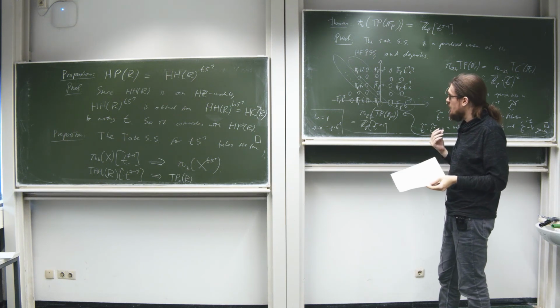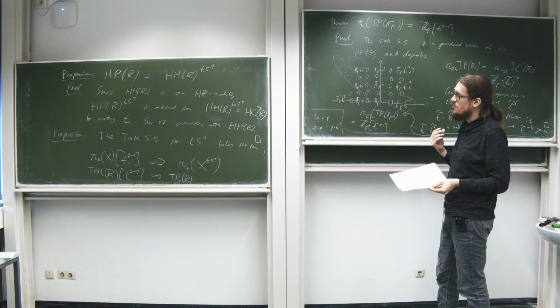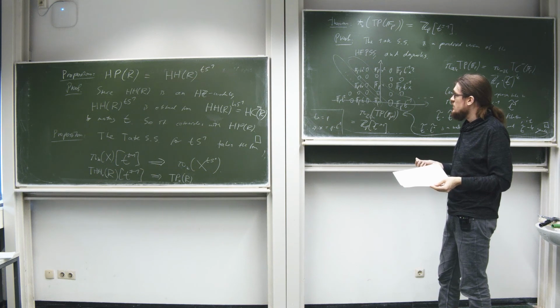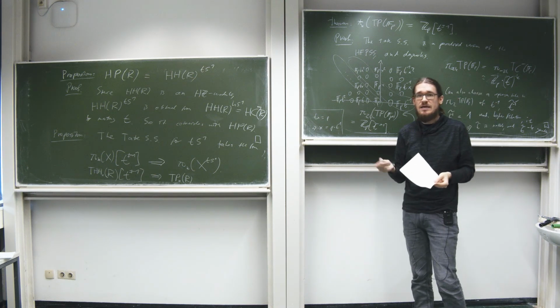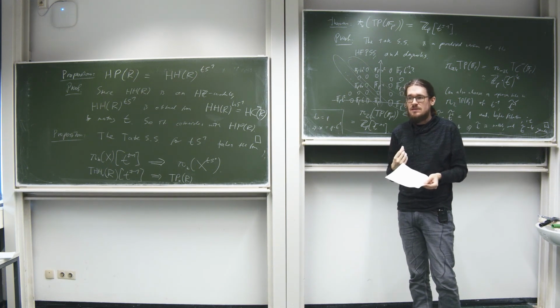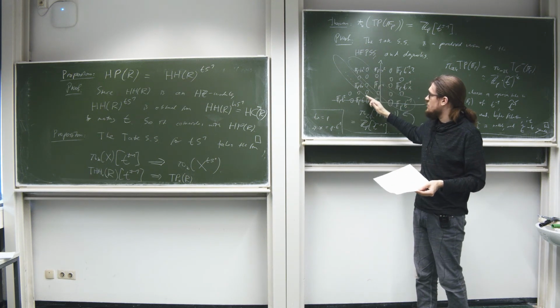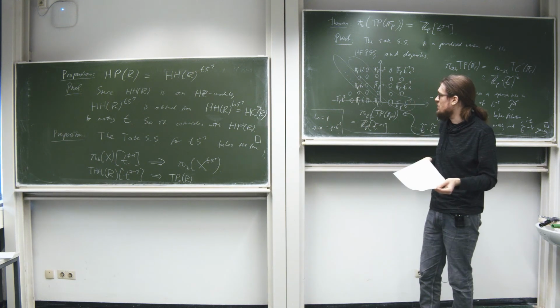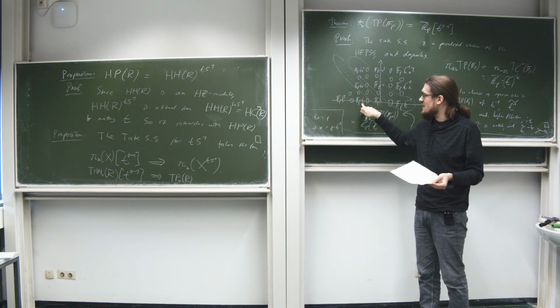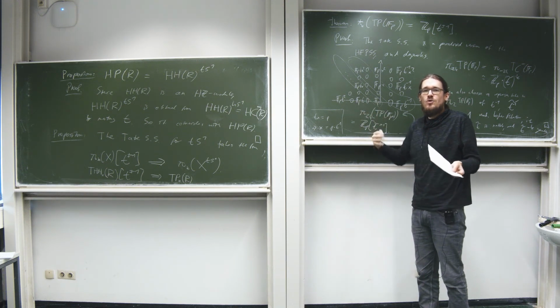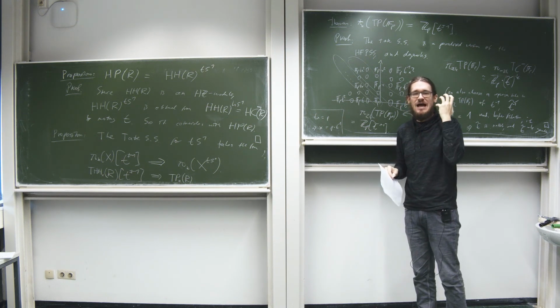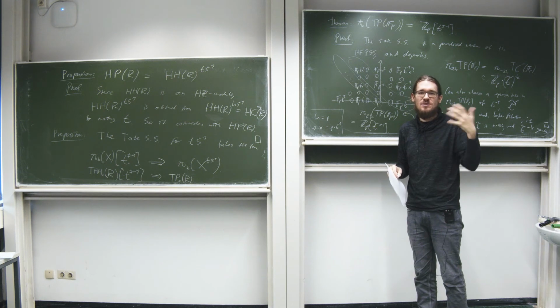Finally, I wanted to say something about this warning that I made in the beginning, that Tp is not necessarily periodic. So in all the cases we've considered now, we were lucky and it was periodic. But as soon as the Tate spectral sequence has differentials, which it didn't have here for degree reasons, it can happen that you have a differential on this element T. So you have this 2 periodicity on the E2 page, but then after the first differential, it might be less periodic.